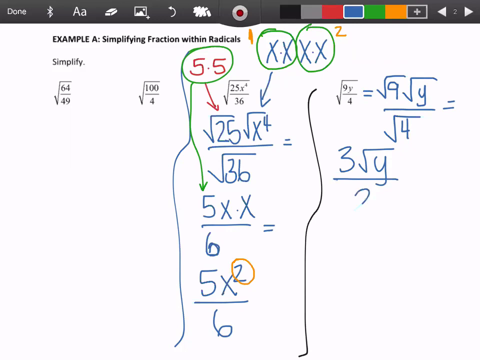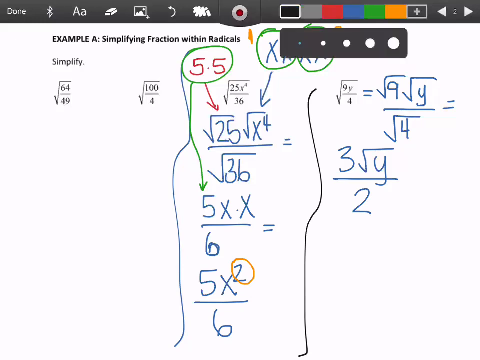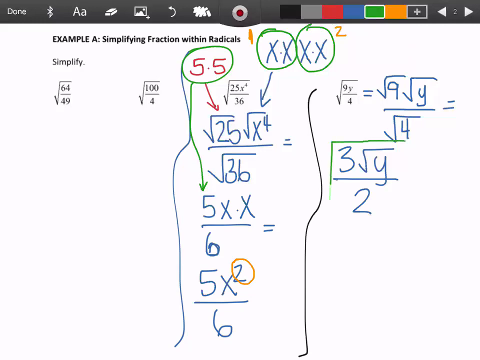And then we have the square root of 4, which is equal to 2. So the square root of y, we don't have any pairs underneath there. There's only one y, so we can't take it outside of the square root at all. So that will be our final answer.